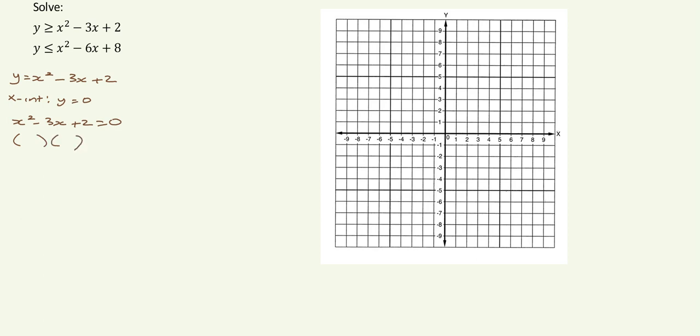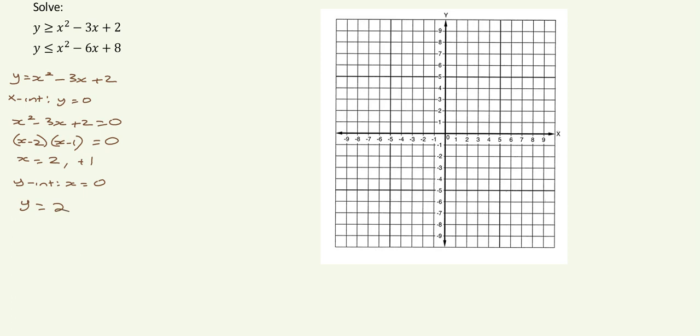Factor this out. We have x minus 2, x minus 1 equal to 0. So x equal to 2 or positive 1. And the y-intercept, we have x equal to 0. So we have y equal to positive 2.